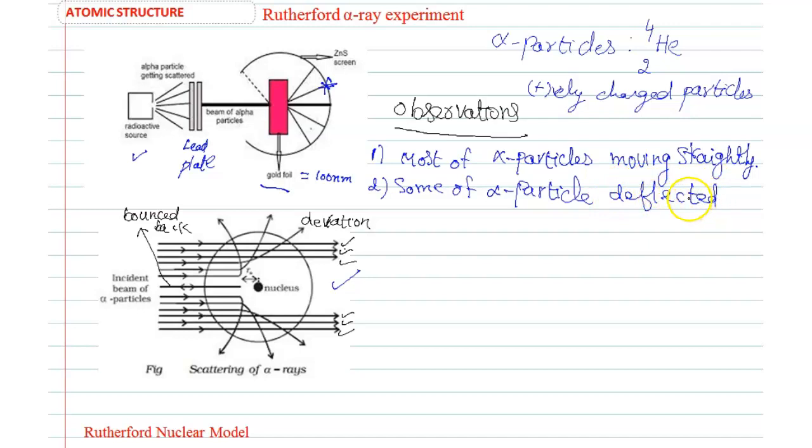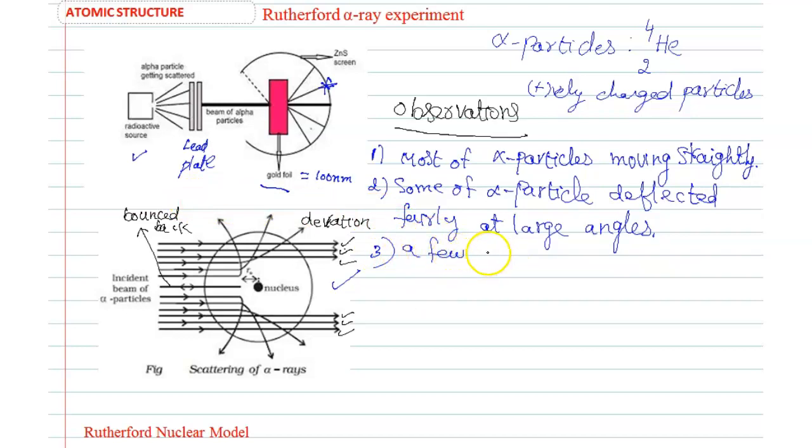Some of the alpha particles are deflected at large angles, and some alpha particles are deflected with small angles. So both are there.